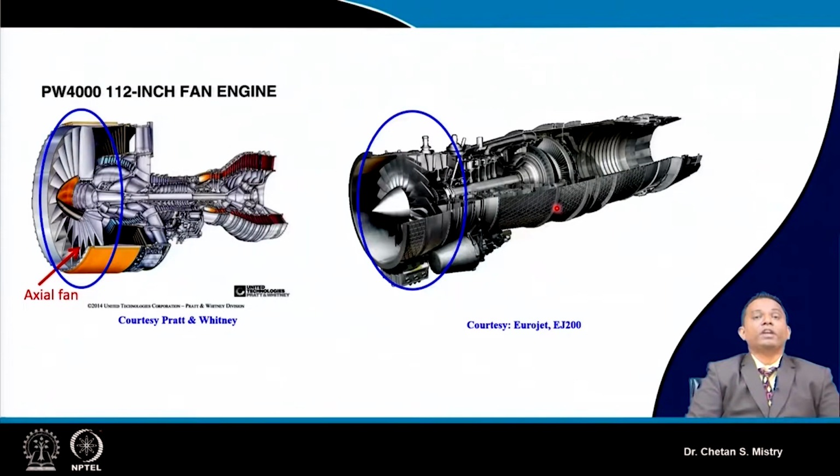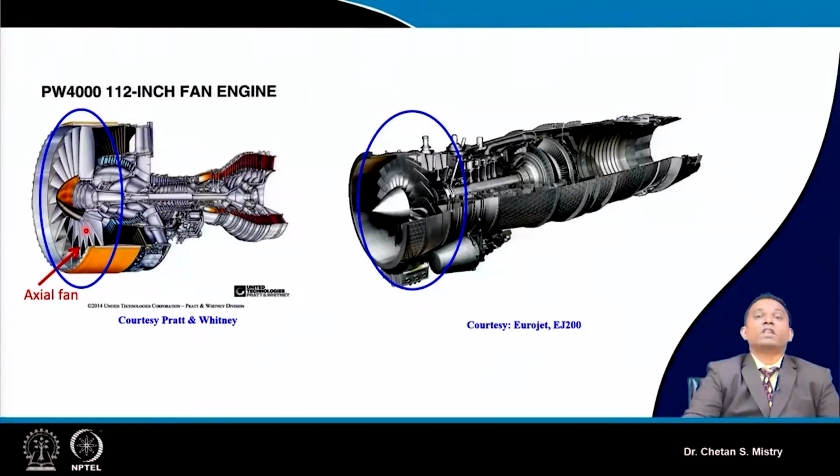Now here, if we look, we have two engines. This is a high bypass ratio engine, and this is my axial fan. It's a large diameter fan. You can see the diameter of this casing is 112 inch, so you can understand this is a larger diameter fan.